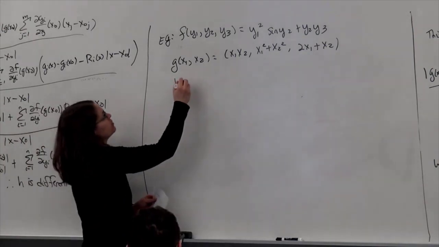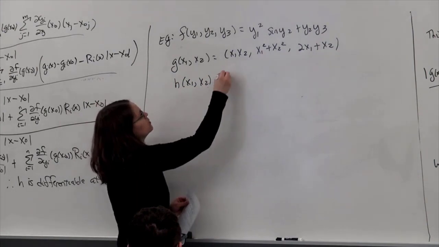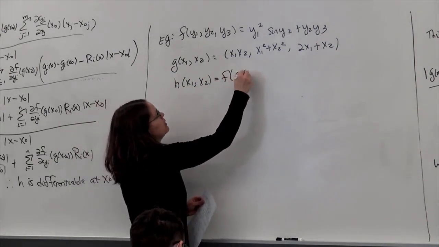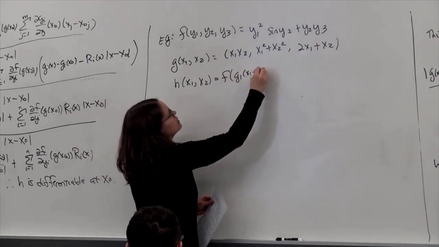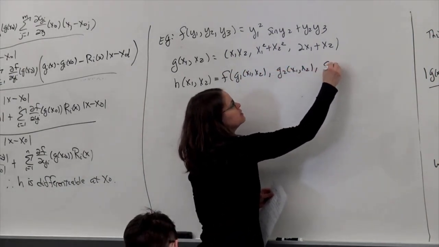And then we define the composite function. Okay, so the composite function is going to be f evaluated at g1, g2, and g3.